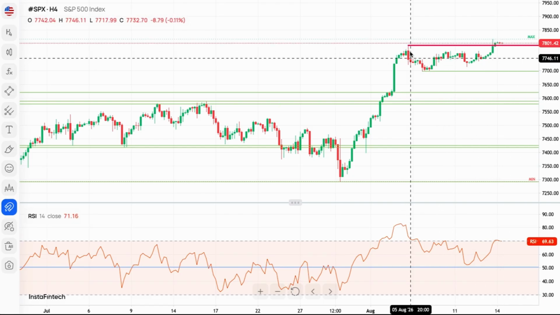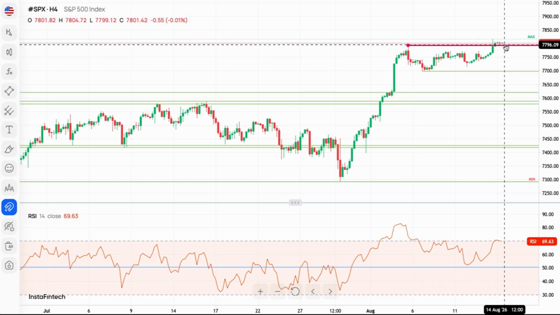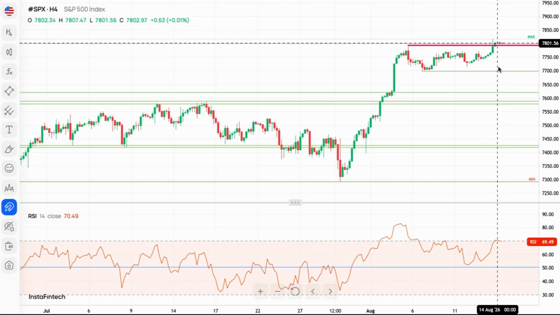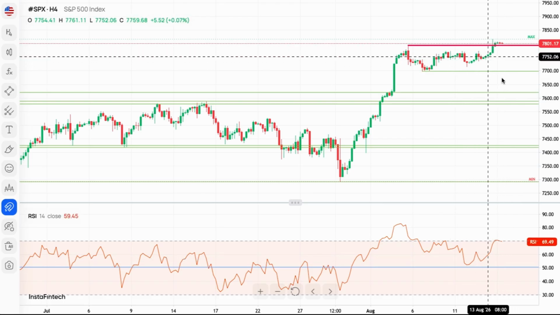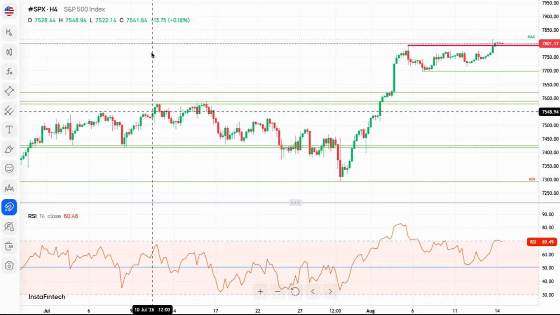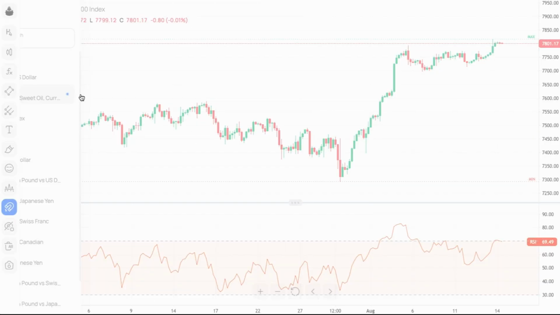Right now, we are trading just above this technical resistance level and the previous swing high. Nevertheless, it doesn't actually look like this market will hold for longer, and if there is movement to the downside, we will easily go back towards the level of 7,700. In the background, there is still an uptrend present.